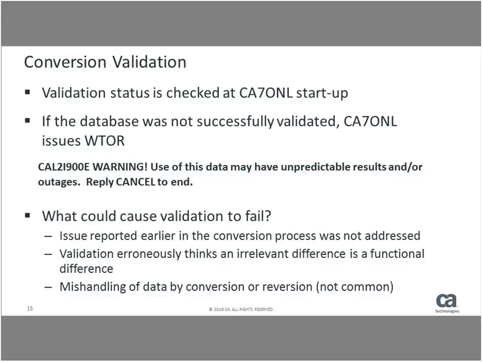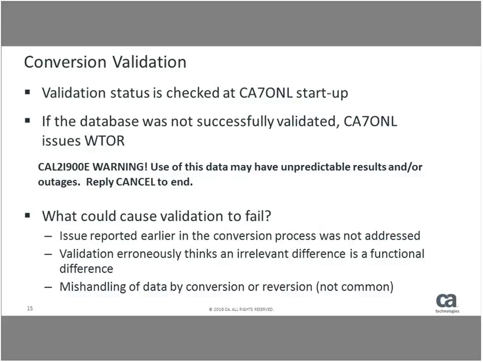And then there was the mishandling of data by conversion or reversion, and I want to hope, cross my fingers here, that we have been through so many different types of errors that we have put out fixes for that were not really errors.